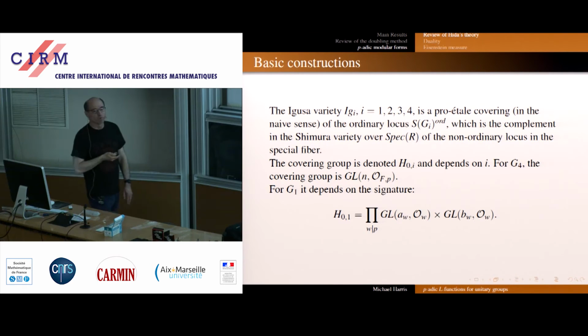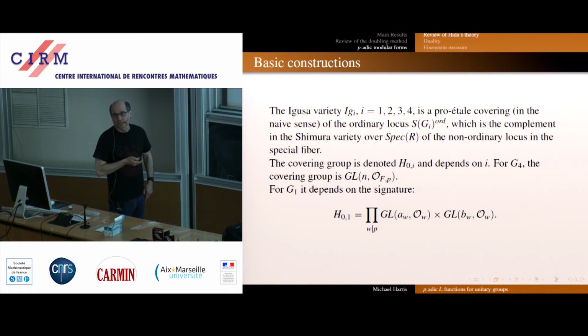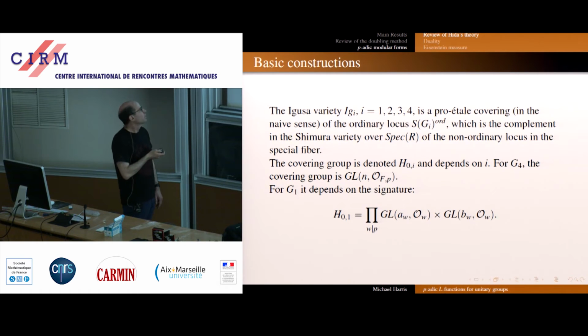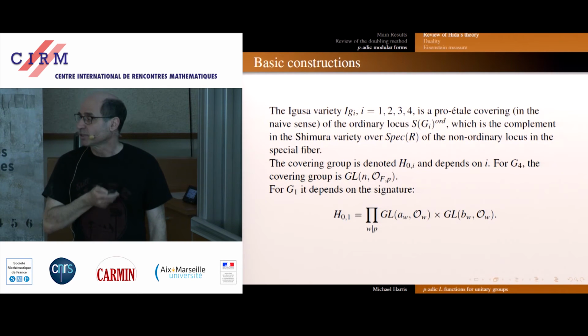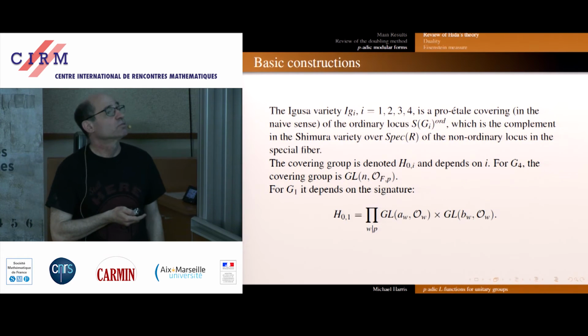It's what we've already seen. And there's a construction due to Hida that allows you to start with this Igusa variety, using theorems and hypotheses proved by Lan, and to look at highest weight modules of this group and to construct families, continuous ordinary families of p-adic ordinary modular forms.